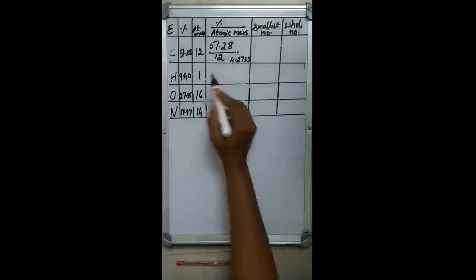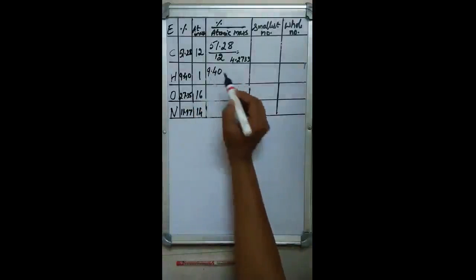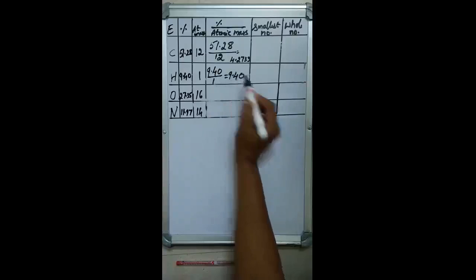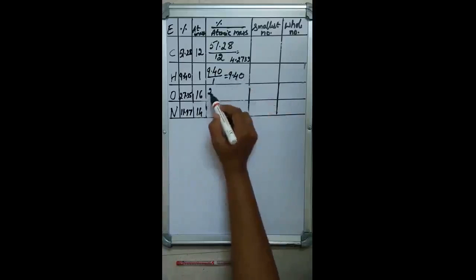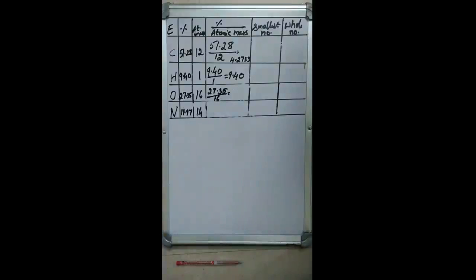The next, so what is the next one? The percentage of hydrogen, 9.40 divided by 1. So the answer is 9.40. Next it is 27.35 divided by, what is the atomic mass of oxygen? It is 16. So what is the answer you will get? Calculate.